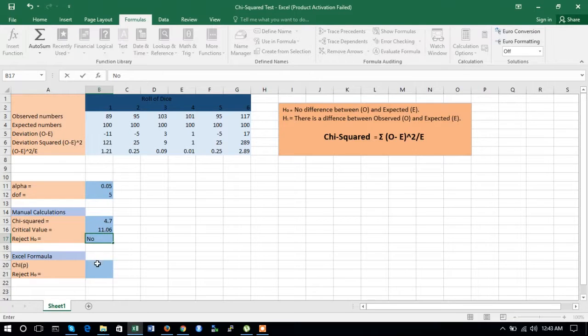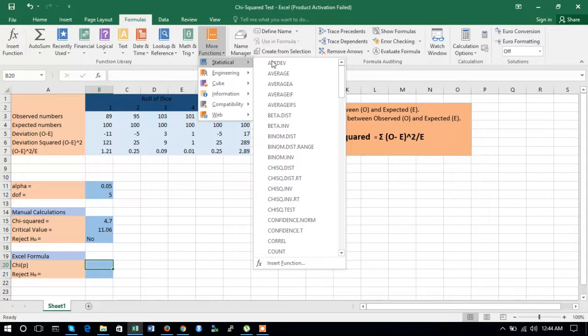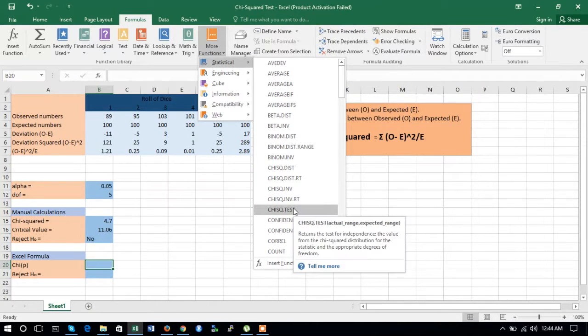Now, we can also do the same thing with the help of an Excel formula. You can do this by clicking the formulas tab over here, and you can search for the formulas. We have the statistical formulas, and you can go for the chi-square test. It is here.